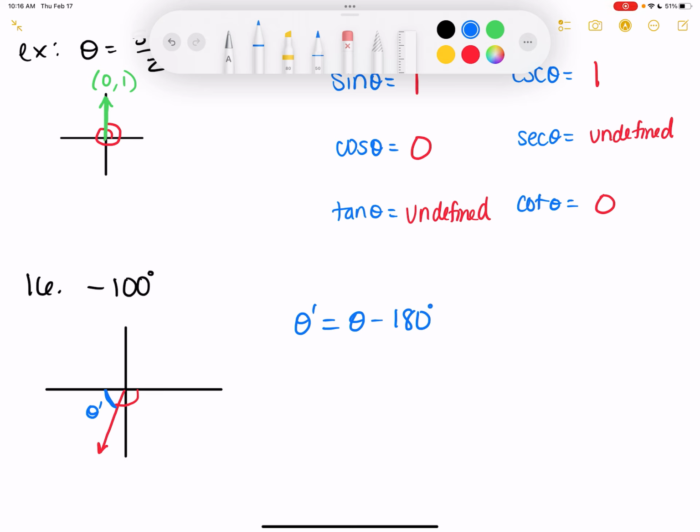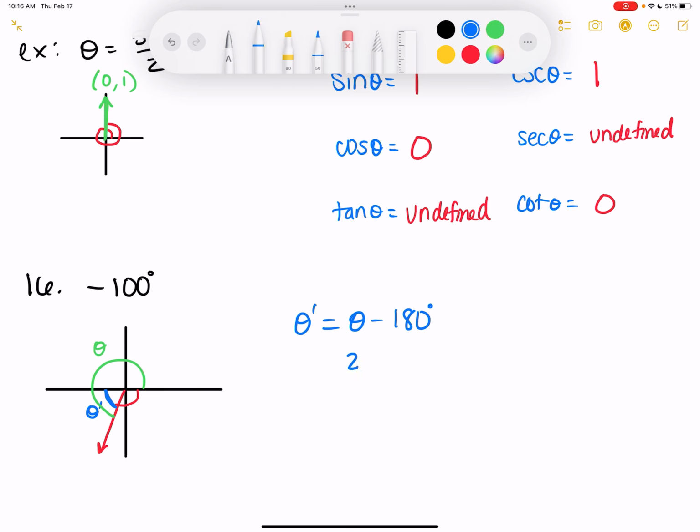Something to notice here is that I don't want to use the negative angle. I want to use this angle as my theta. I want to use the positive one that starts here to find this. So from here all the way around to here is what? 270, but this is 10 this direction, so how much is that? 260.